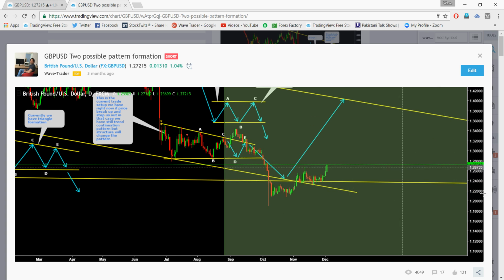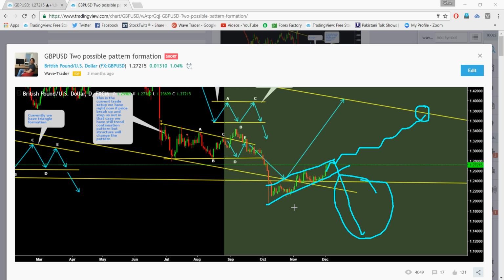See, this is the corrective wave. This is not an aggressive wave. So it can continue like this and come up to this point. Okay, if price breaks down before that, we're going to look for this trade.